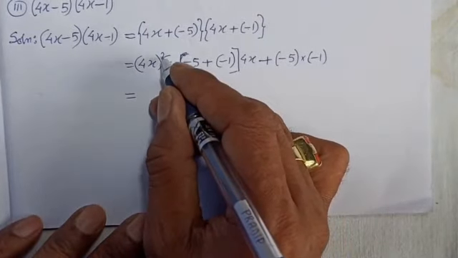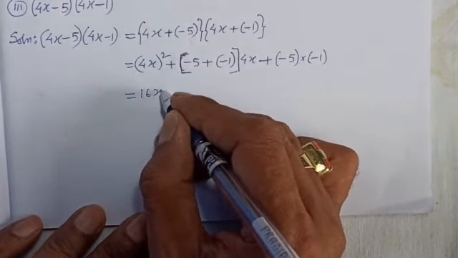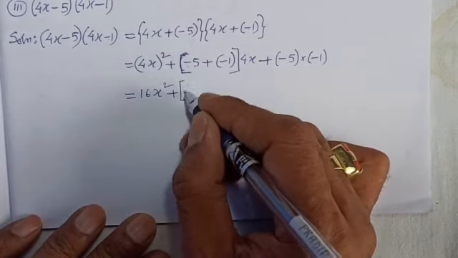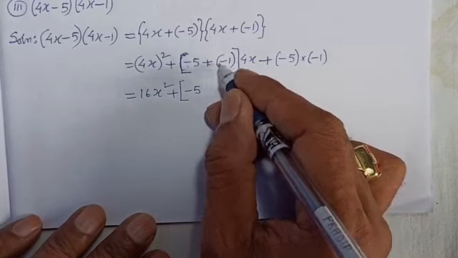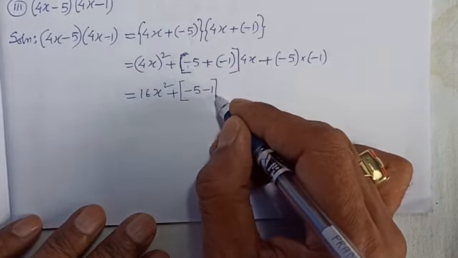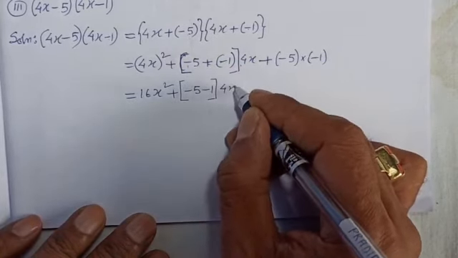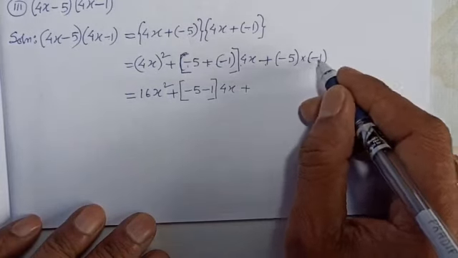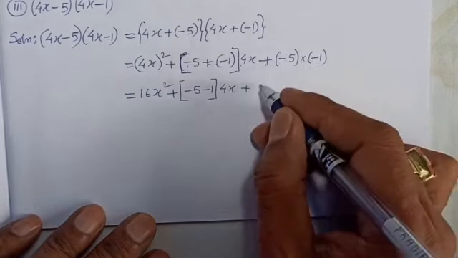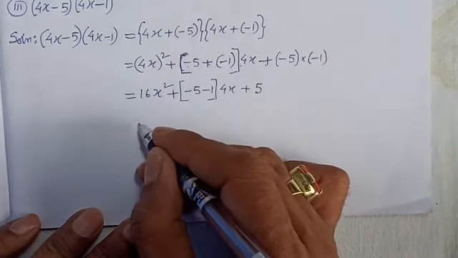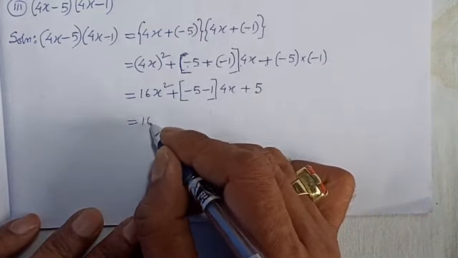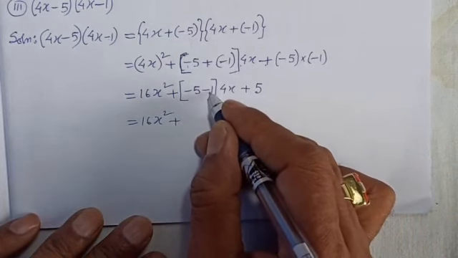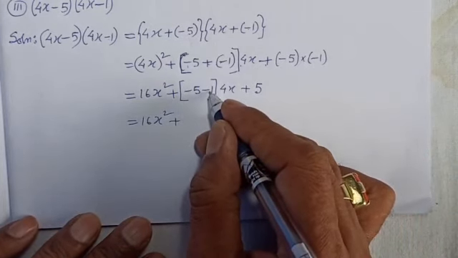4 square is 4 times 4, that is 16 x square, then plus sign, this is minus 5, leave the bracket, plus into minus is minus 1, then 4x, plus sign, minus 5 into minus 1, minus into minus is plus, 5 one time is 5, we will get now 5. 16 x square plus minus 5 minus 1 is, since the signs are same, we have to add together.